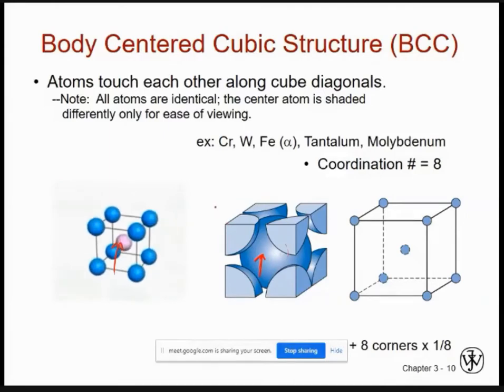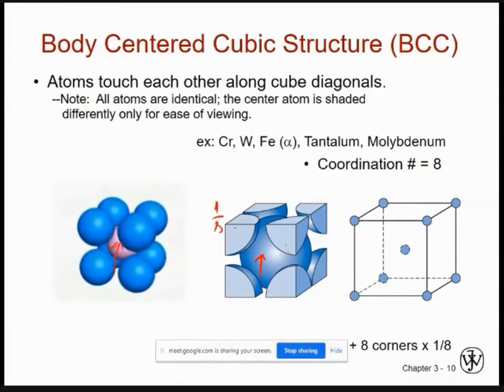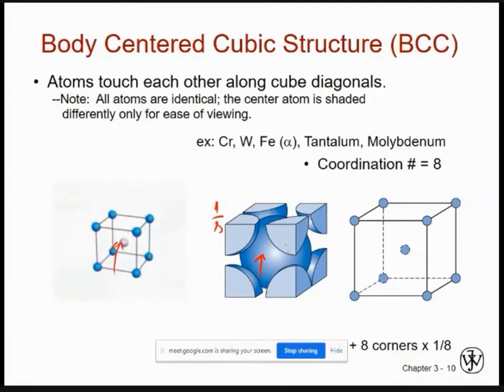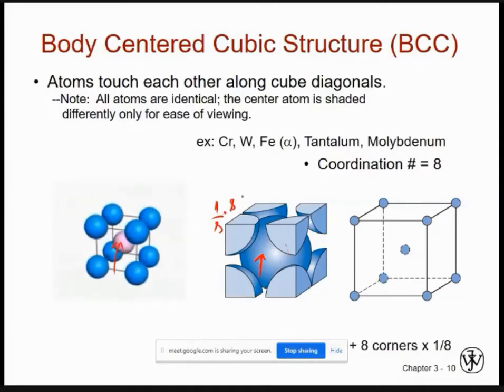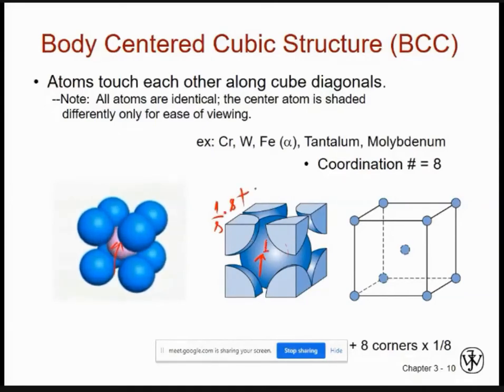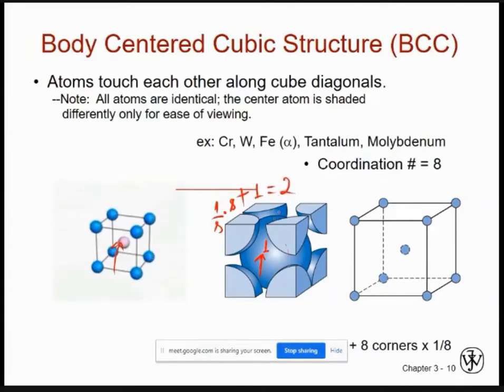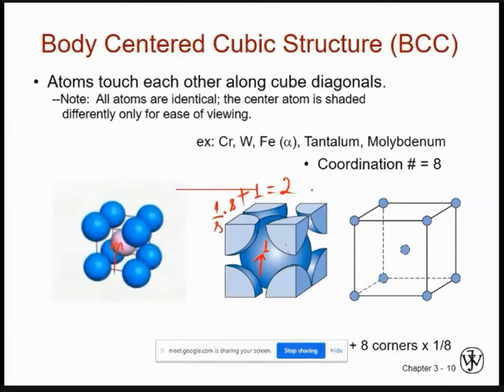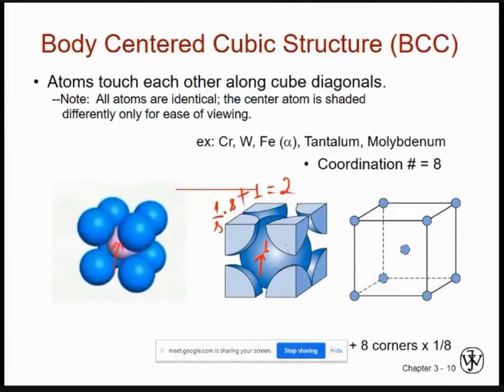This corner atom will be 1 over 8 part of the total atom, and we have 8 corners in total: 1, 2, 3, 4, 5, 6, 7, and 8 is at the behind. So multiplied by 8 and plus this 1 over here, it will be 2 atoms per unit cell in total, and I will use this 2 to calculate atomic packing factor in the next slide.